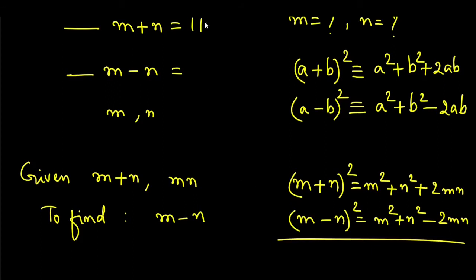We want a relation among m plus n, m minus n, and mn. We do not want m square, n square. So out of these two equations, let us eliminate m square and n square.